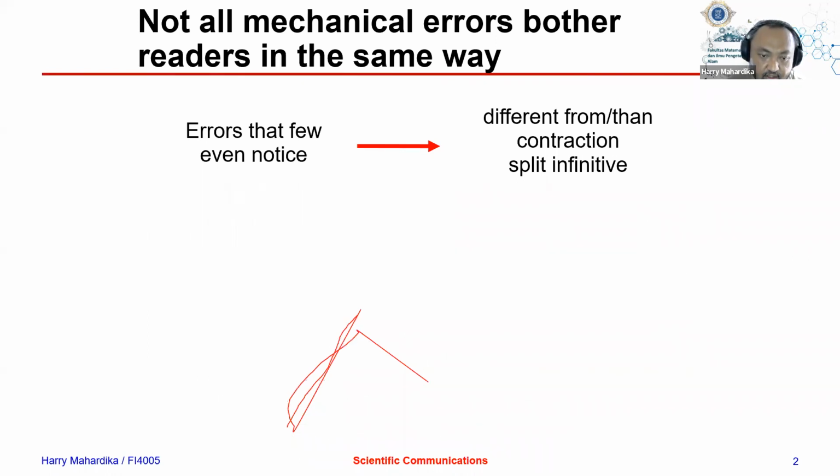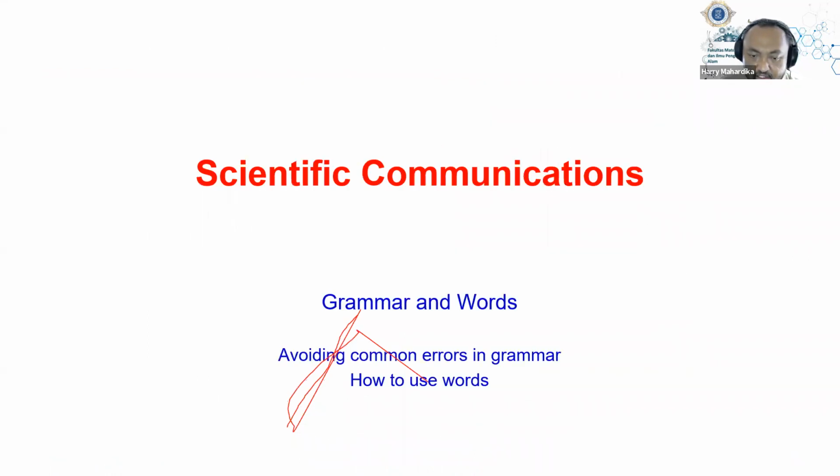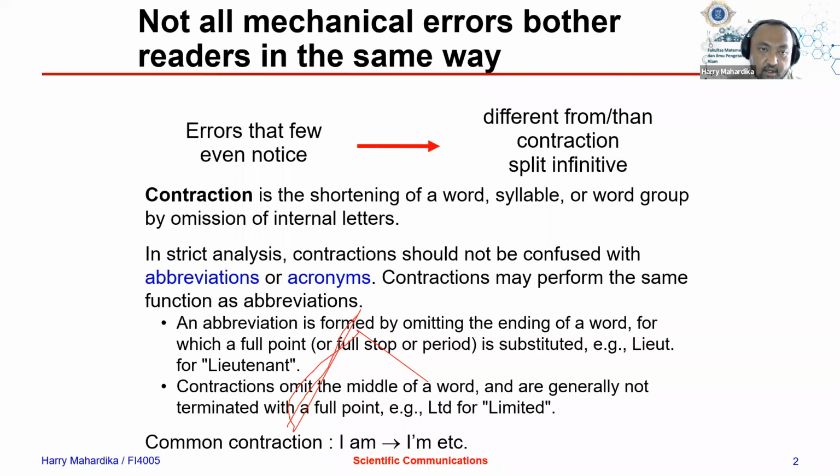So in terms of avoiding common errors in grammar and how to use words in scientific articles and scientific presentations, we must be aware that not all mechanical errors bother readers in the same way. Errors that few even notice are different from, for example, contractions and split infinitives.